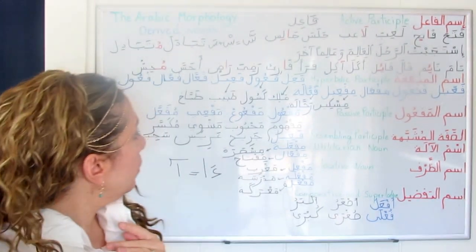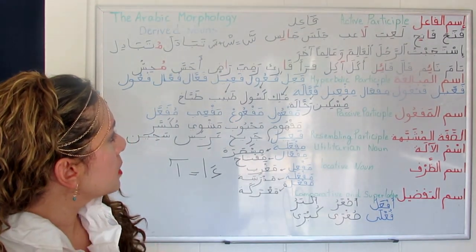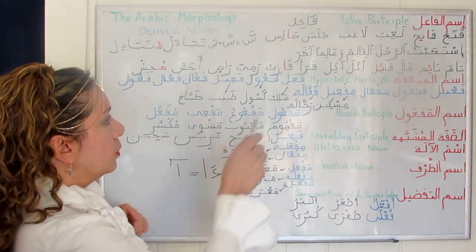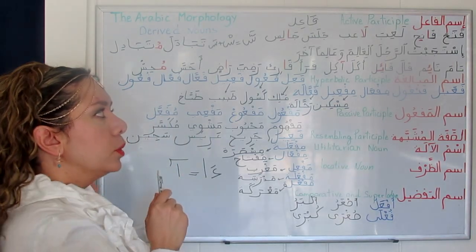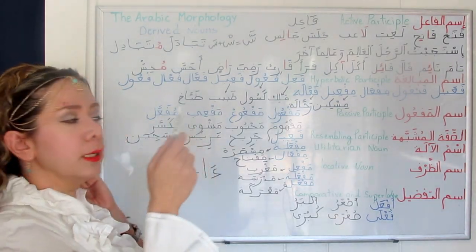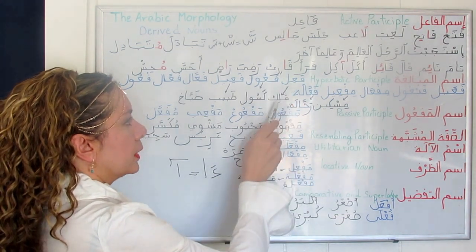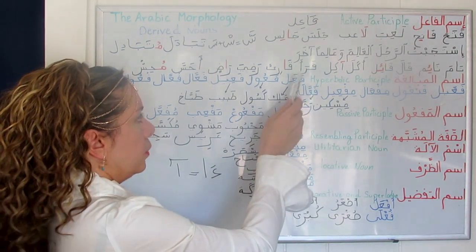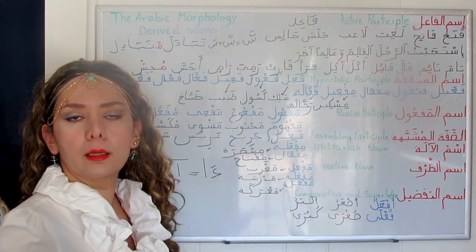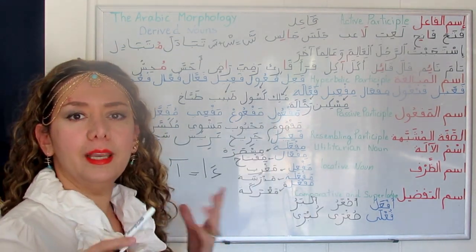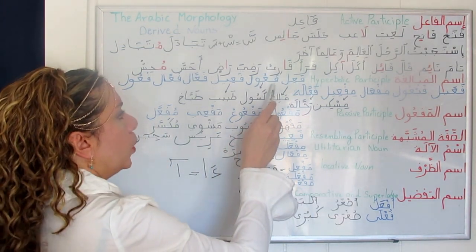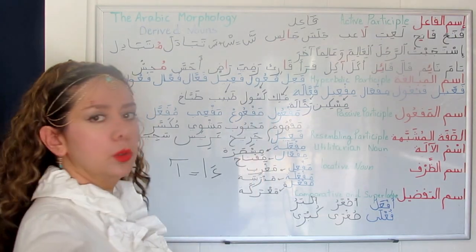So you may use the list of these patterns to form the hyperbolic participle. فاعل, for example, ملك, a king. فعول, كسول.